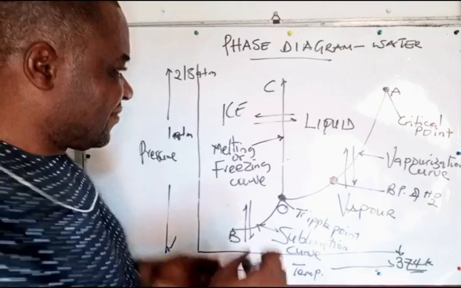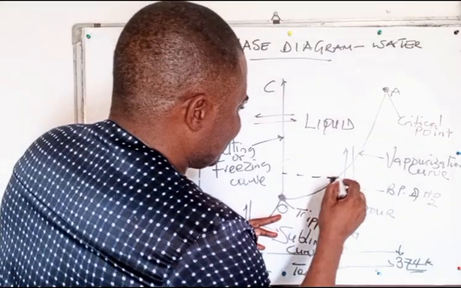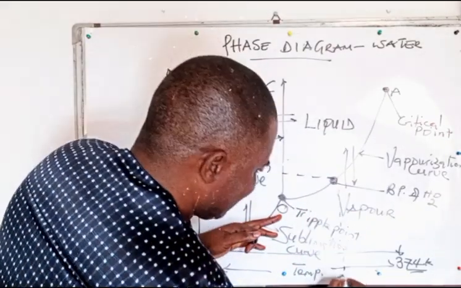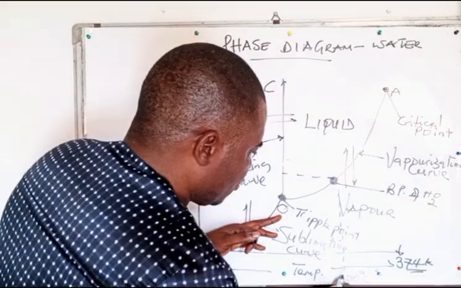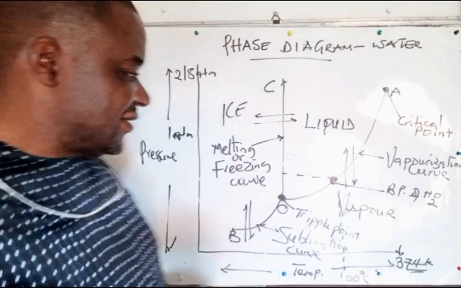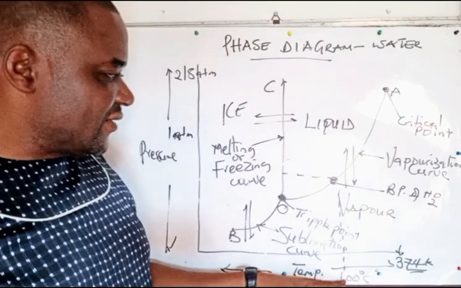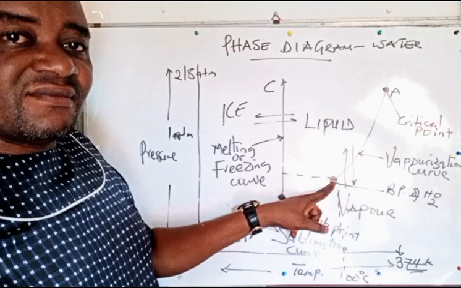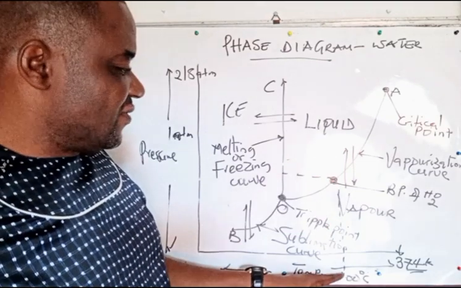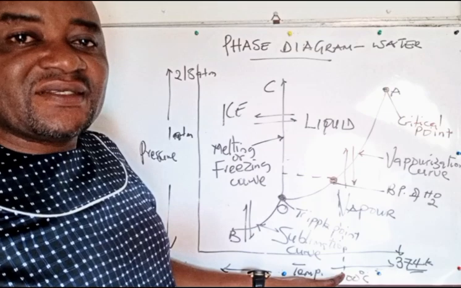That means from this point to this point is 100 degrees Celsius, or 373 Kelvin. This is the point at which water boils. 100 degrees Celsius or 373 Kelvin.